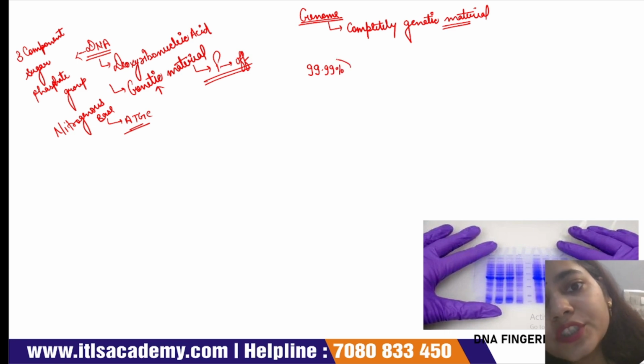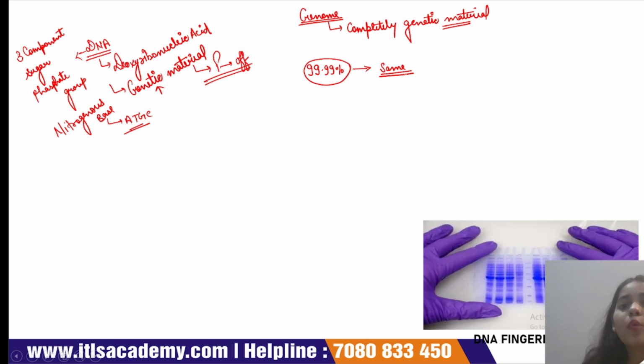99.9% of genetic material in all individuals is the same. This 99.9% of genetic material, or genome, in all humans is the same, but we all are different from each other.